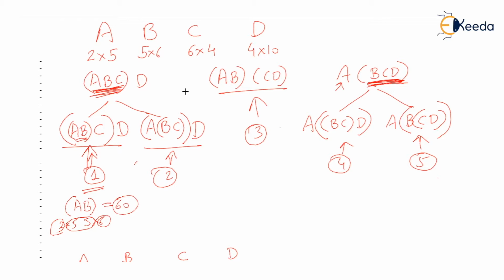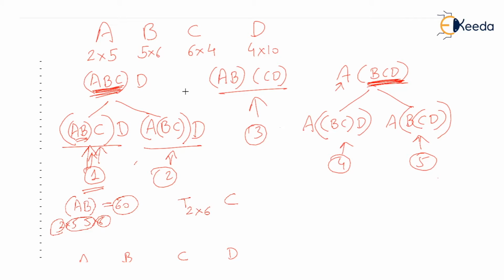But after doing A cross B, you observe that the size of the temporary matrix will be 2 cross 6. I hope you are understanding, because A was 2 by 5 and B was 5 by 6. Now this is getting multiplied with C. Check the first combination again. A cross B we have found. Now AB is multiplied with C and C is having dimension 6 by 4.